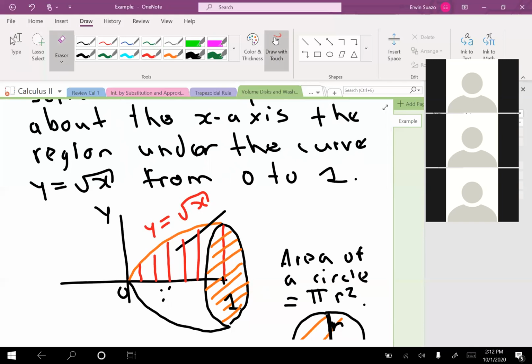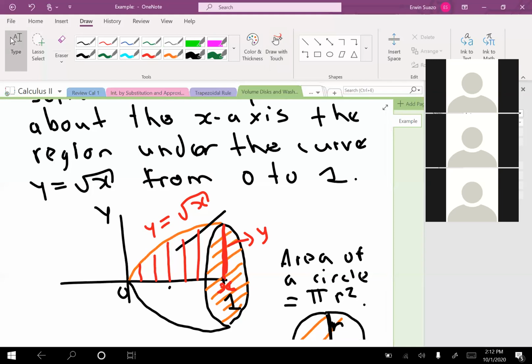So I made my cut at some x. This is my x, so my height is square root of x. So this radius is y, okay? That's fundamental to understand the whole thing.